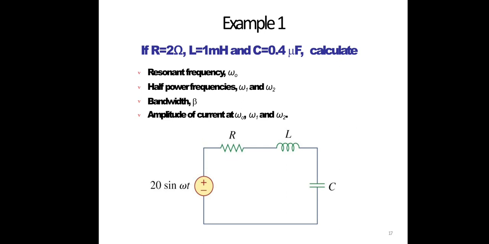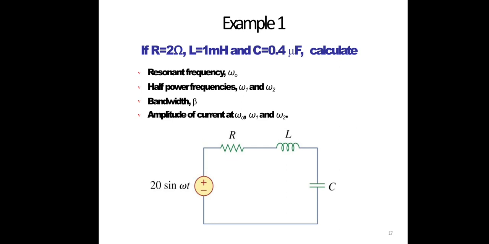Therefore 1 by 2 pi into 2 into 10 power minus 5. 10 power minus 5 shifts to the numerator side, and you get 10 power 5 by 2 pi into 2, that means 4 pi. So 10 power 5 by 4 pi. That is the resonant frequency.